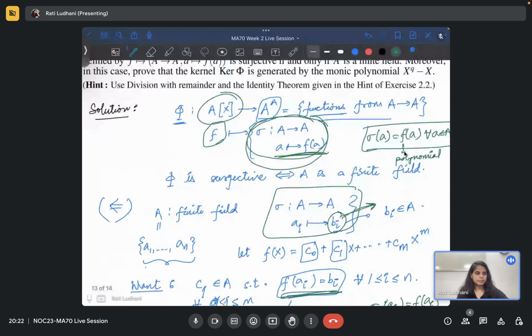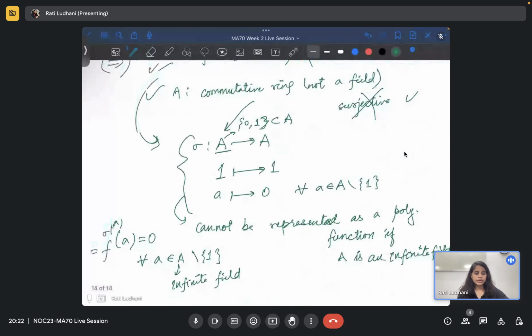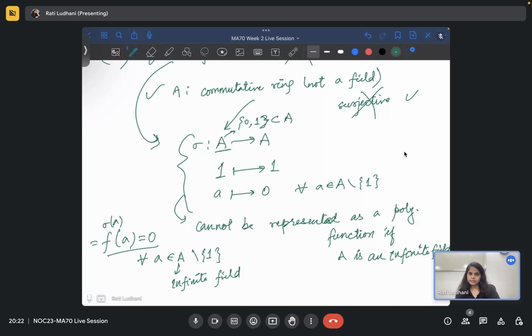You have just one variable and you have infinitely many roots of f, right? This is not possible. So you have constructed a function from the right hand side, from the codomain, which does not have any pre-image. The pre-image should be some polynomial such that sigma of a is equal to f of a for all a. Does that help? Yes, ma'am.